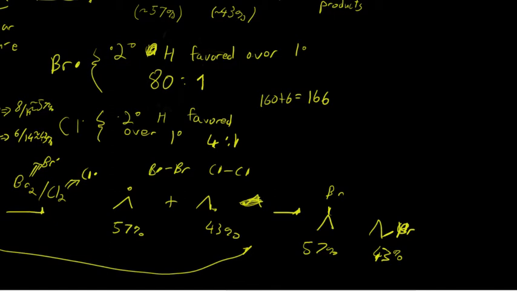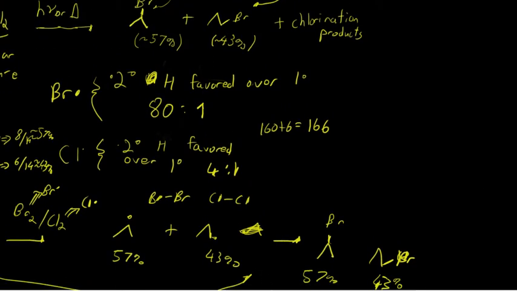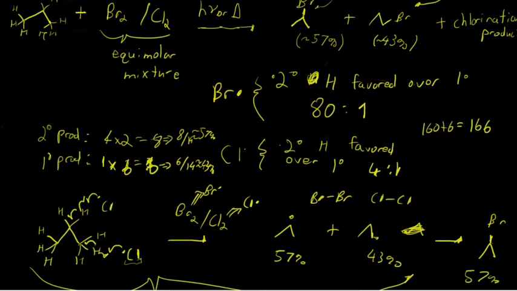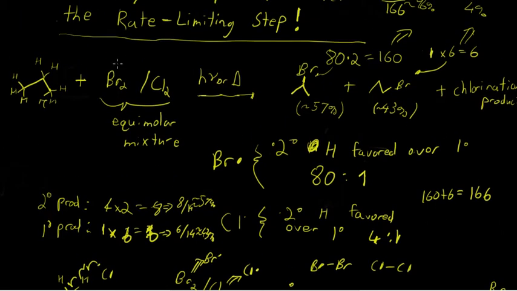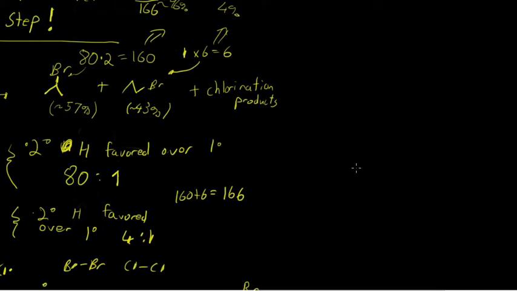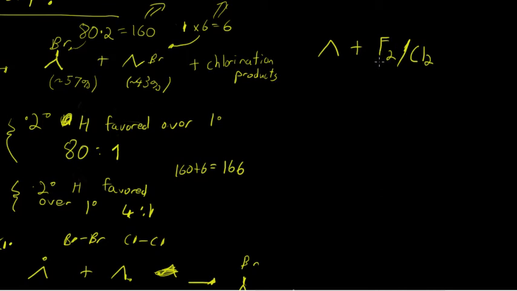Now, if I'd asked you a similar question, like this same propane but instead of an equimolar mixture of bromine and chlorine, let's say it was an equimolar mixture of fluorine and Cl2. Well, fluorine is going to be the dominant hydrogen abstractor.